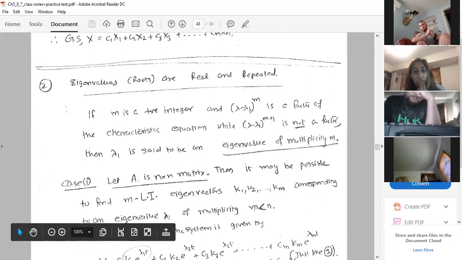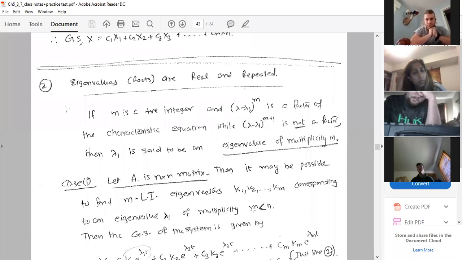M is the multiplicity. I have my first root lambda equal to -1 and lambda equal to 4, that is my second root. That means neither of my two roots is repeated.